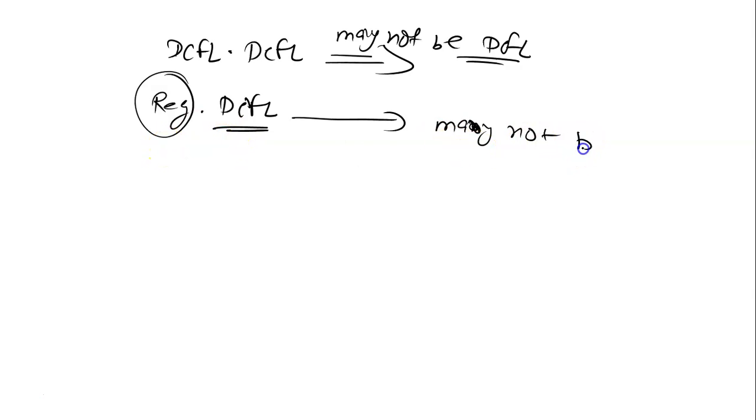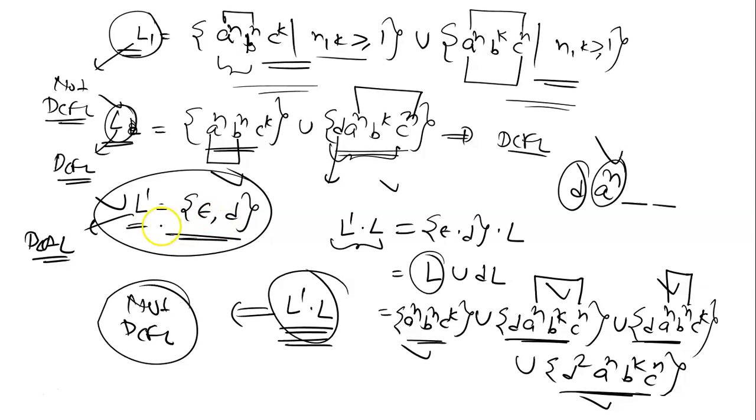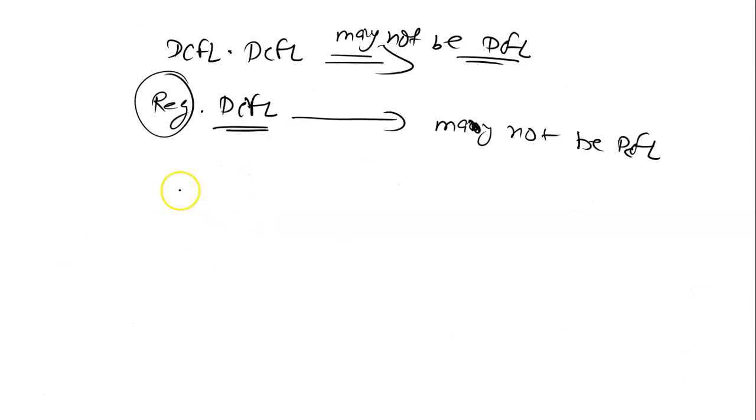Next, this LDAS is a finite language. So I can say one more thing, that DCFL languages are not closed under concatenation with finite language. If I concatenate DCFL with a finite language, then also I can say may not be DCFL.